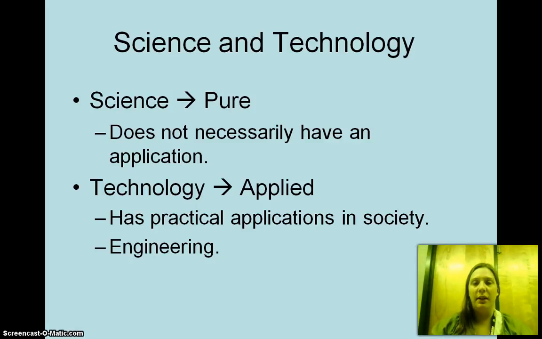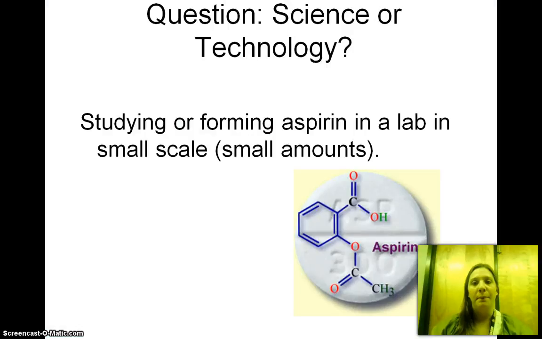So just to give another example, somebody who is a scientist might study how aspirin forms and look at it on a very small scale level. So that's somebody that's looking at the compound, that's looking at these carbon rings and at the bonds between these carbons and oxygens and understanding why and how it forms or interacts.